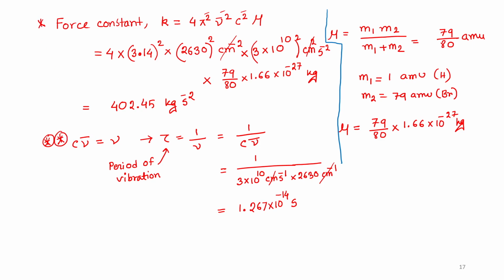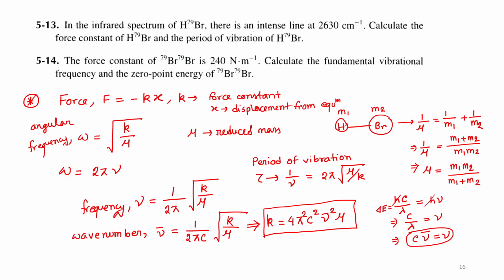So this is my second part, and this is my first part. If the molecule is given and you know the reduced mass, and you are given the wave number, or you can say oscillation frequency, then you will be able to calculate the force constant. So that is the first question.